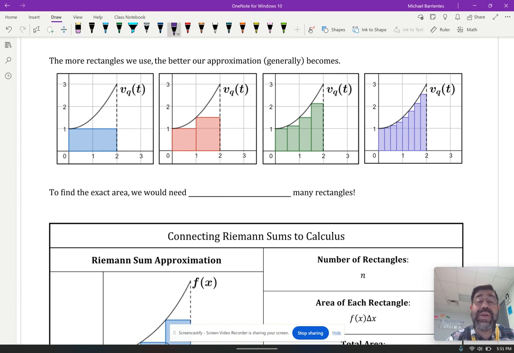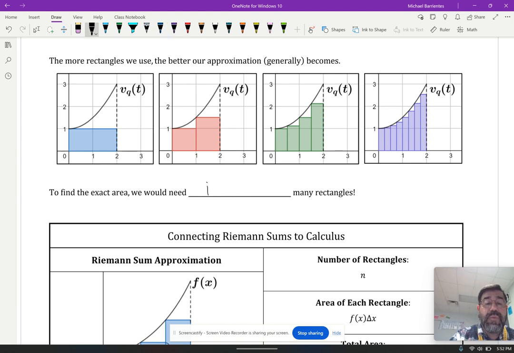So the more rectangles we create, the better our approximation becomes in general. Right? The more rectangles we draw, whether it's left-sided, right-sided, midpoint rectangles, the better my approximation is going to be. And if we follow that thought, then if we want to find the exact area, how many rectangles would we need to draw?